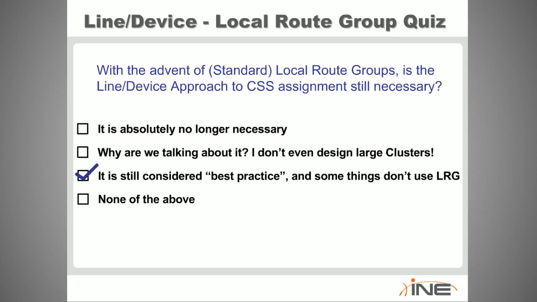See, it's still considered best practice, and some things don't use local route group. There are definitely some things that we're probably not going to want to set up with local route group. What if we set certain phones that never use local route group?